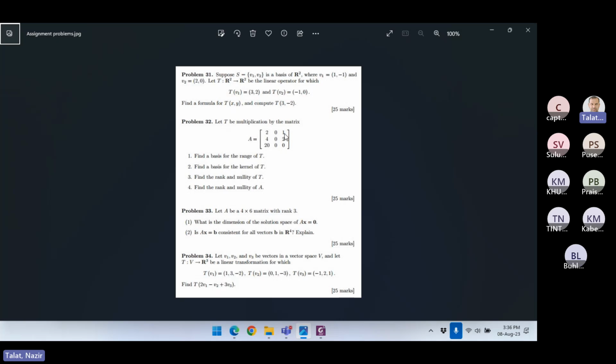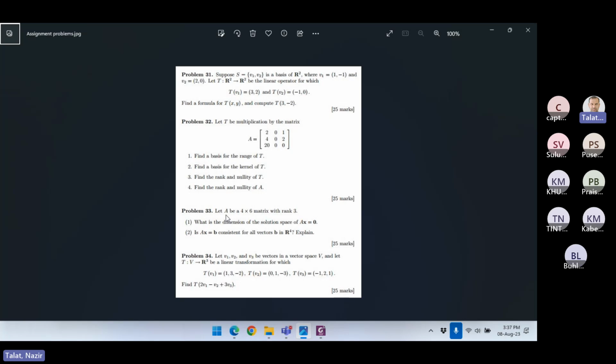This T is an operator from R3 to R3, and then find the range of T, what is the range set, what is the kernel, and from the range of T and the kernel of T, one can find the nullity and rank of T, and the nullity and rank of A. Basically, the rank of T and rank of A, and the nullity, will be the same because behind the linear transformation there is a standard matrix. This matrix is also called the standard matrix of T.